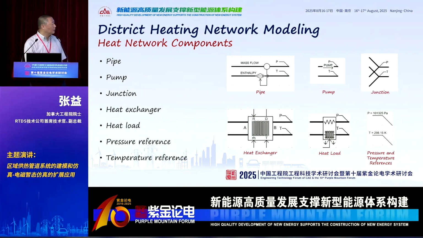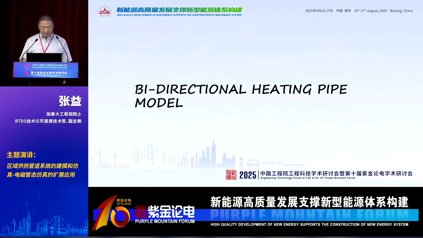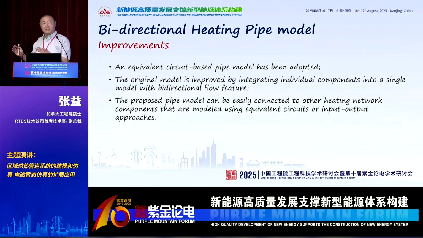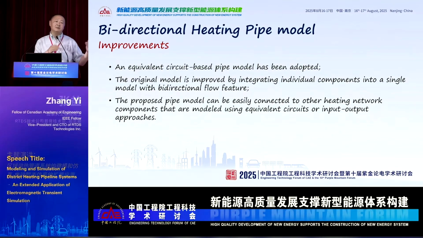This is one of the models of heat exchanger and heat load, and we have some reference point, which is just for observation. So now how to deal with this, because the water flow can go from this direction, also from that direction.